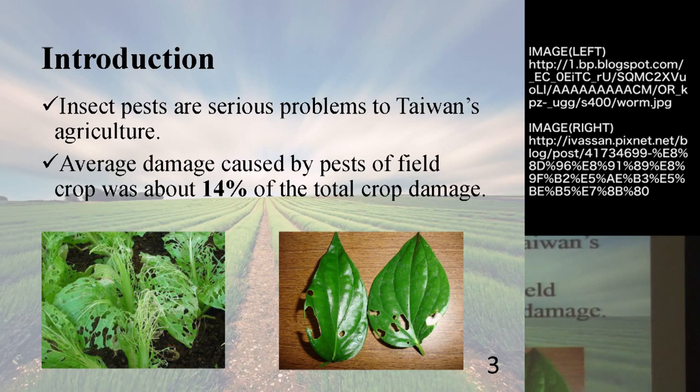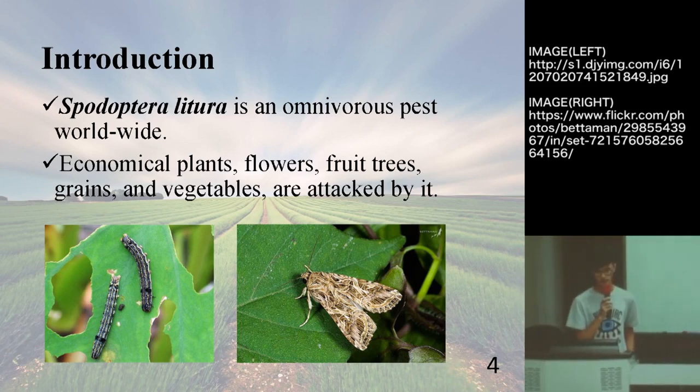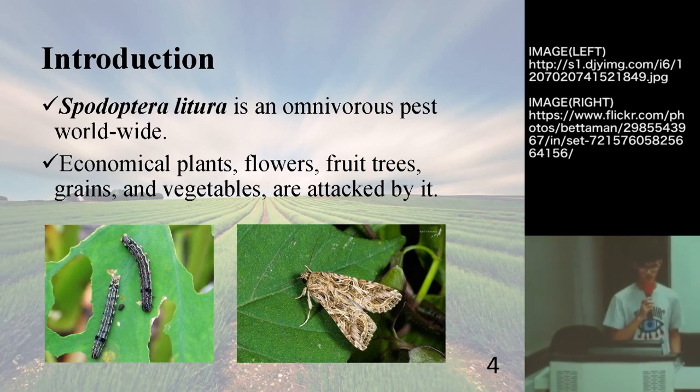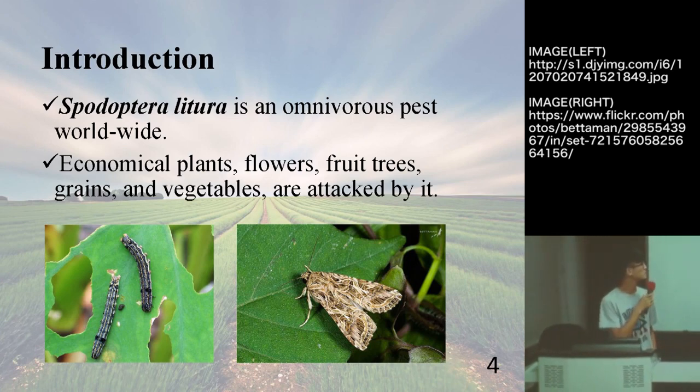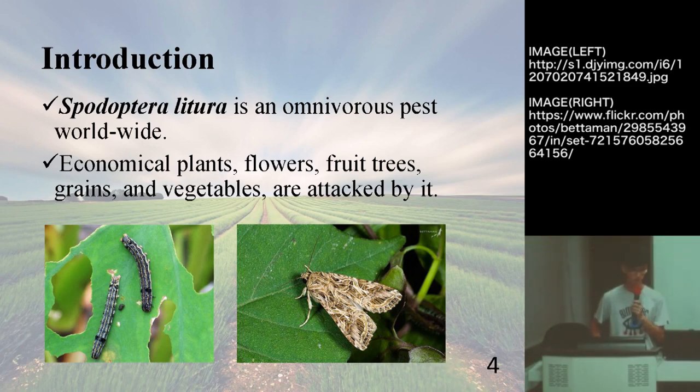Like in the picture, the bugs will eat our crops. And one kind of bug, Spodoptera litura, is an obnoxious pest. Economic plants, flowers, fruit trees, and vegetables will be attacked by this bug. So we want to find some way to know how many there are.